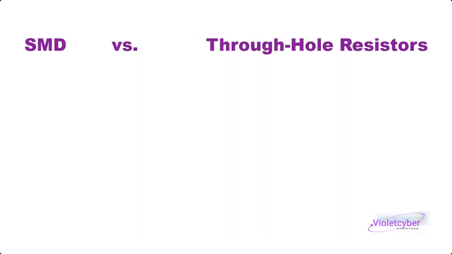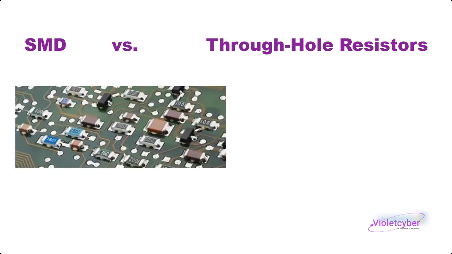SMD vs through-hole resistors. SMD, or surface mount device resistors, are smaller and are mounted directly onto the surface of a printed circuit board, or PCB. They are used in compact and miniaturized circuits.